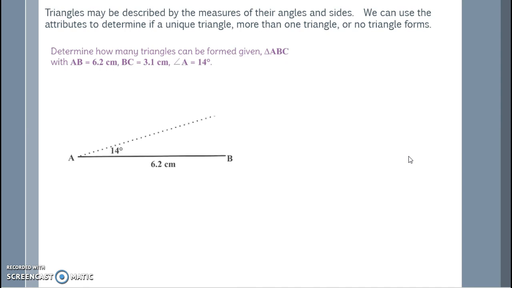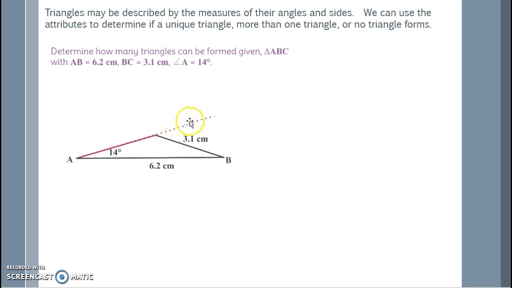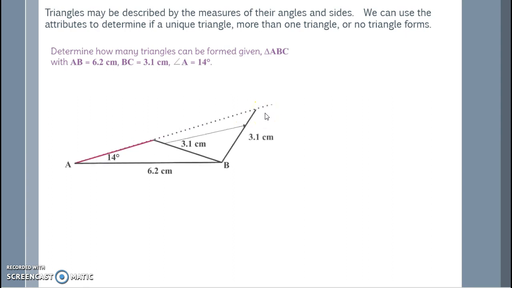Then I will create angle A using 14 degrees with my protractor. Connecting where they should, to create 3.1 centimeters off of angle B, that will hit the vertex angle C. Now imagine me shifting this 3.1 over this direction here.